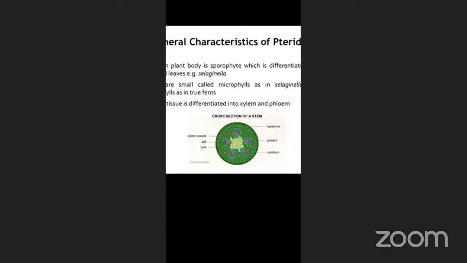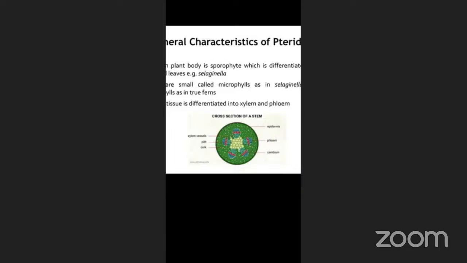Gymnosperms also. What are the gymnosperms? Can anybody tell? Plants with naked seeds. Yeah, very good. So there are naked seeds present in the gymnosperms. Gymno means naked, sperm means seed, in the Greek words.